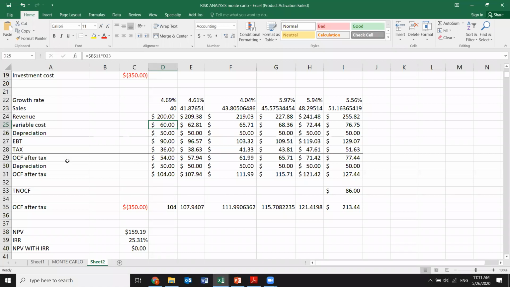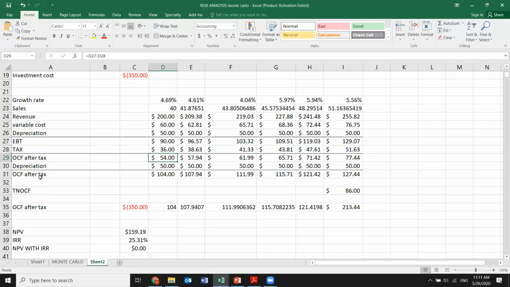And operating cash flow after the tax is 54. Depreciation we are adding back, and the reason why we are adding it back, we already mentioned several times, is that it is a non-cash item, and in order to get to the operating cash flow, we need to add it back. Then at the final stage, when the project is over, we have to sell the equipment that we purchased to produce the units that we're selling now.